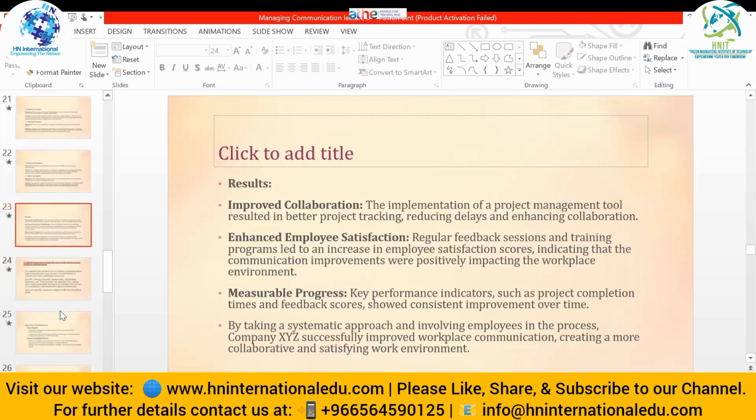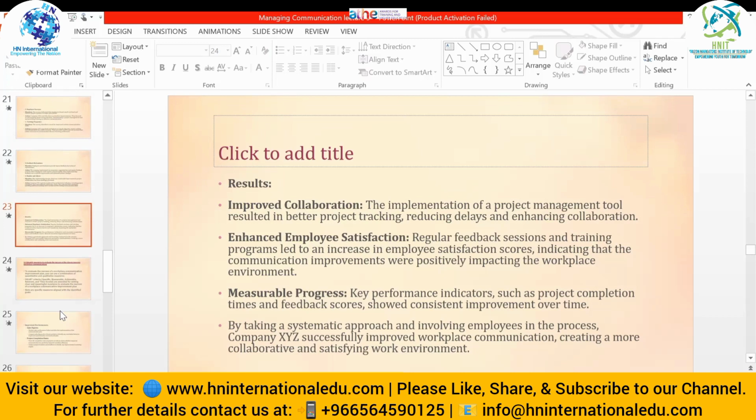For the results: improved collaboration, enhanced employee satisfaction, and measurable progress. The implementation of the project management tool resulted in better project tracking, reduced delays, and enhanced collaboration. The regular feedback sessions and the training programs led to an increase in employee satisfaction scores, indicating that the communication improvements were positively impacting the workplace environment.